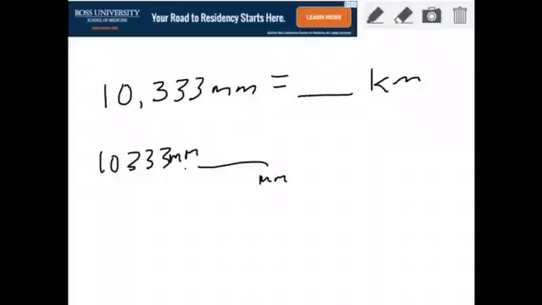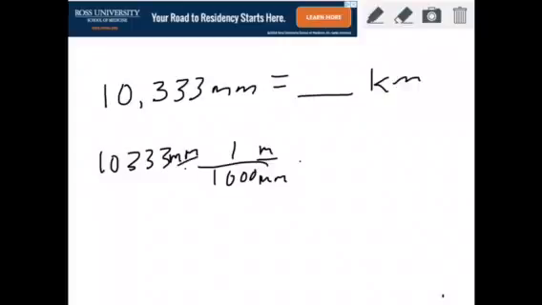So we have millimeters, and then we need to stop at our base unit going across, so that would be meters. Which one's bigger? Meters is bigger, so we're going to put a 1 beside there, and we need to ask ourselves, how many millimeters are in 1 meter? That's 1,000. There's 1,000 millimeters in 1 meter.